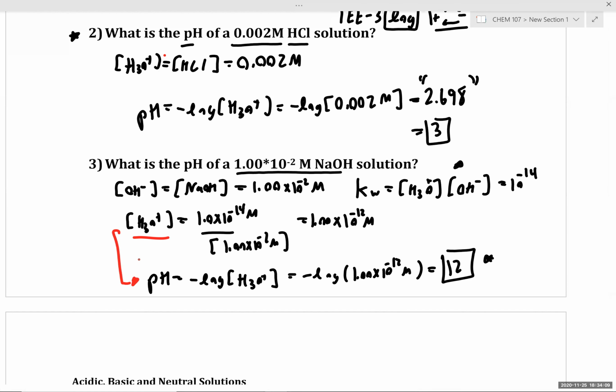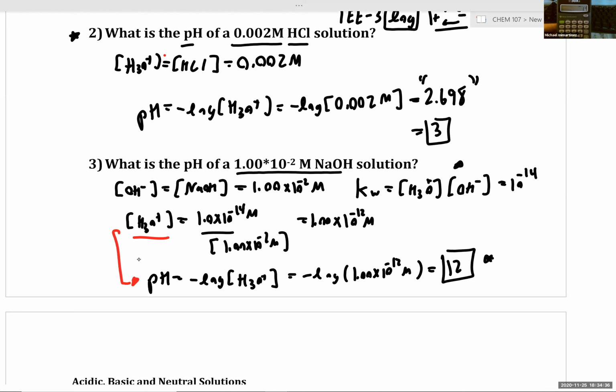How to put the 10 to the negative 12 in the calculator? Sure. So let's talk about that. So first, showing how we'd enter this into our calculator, we'd start with 1 EE negative 14. Okay, so that's our Kw. Okay, one moment. So we enter 1 EE negative 14.